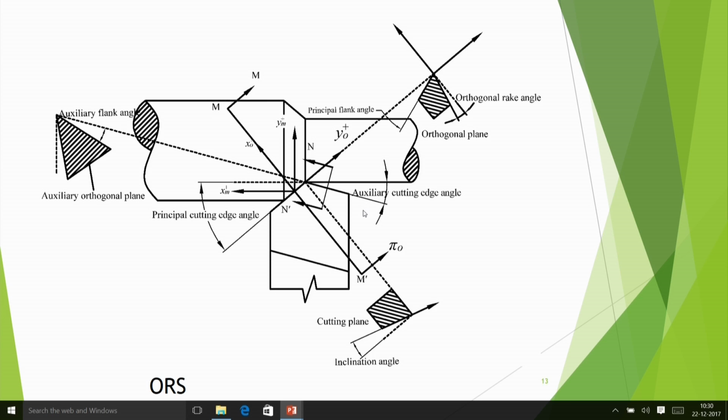Now what I should do here, if I take an orthogonal plane, that means we told you before that if I take a cutting plane, that means which is containing the cutting edge. So I cut it like this, along this, like this. So you see that this edge from the sharp point of nose, it is just leaning back.